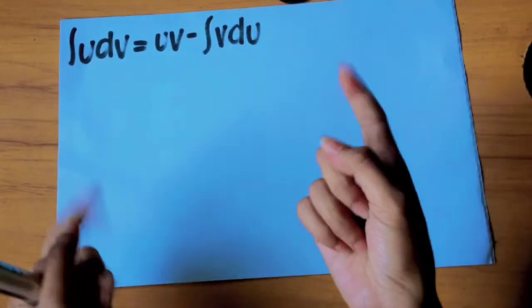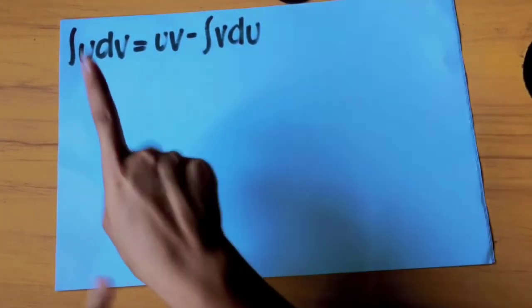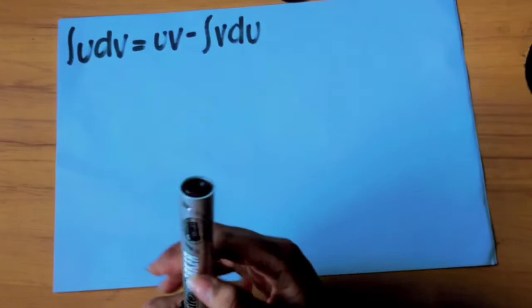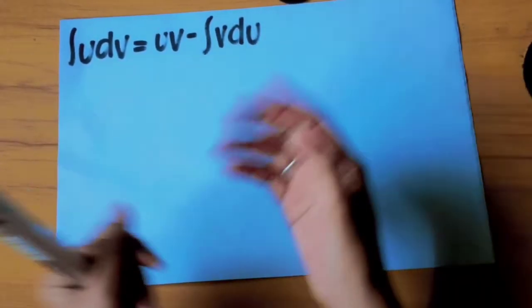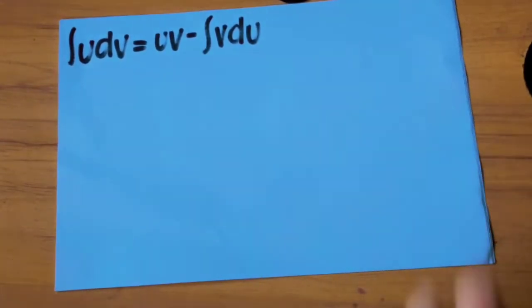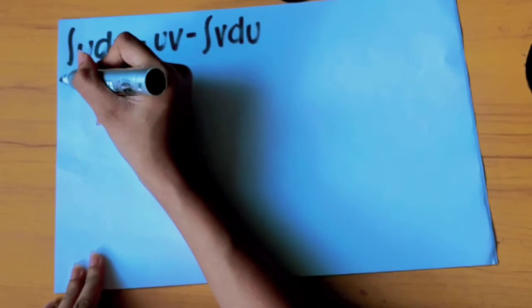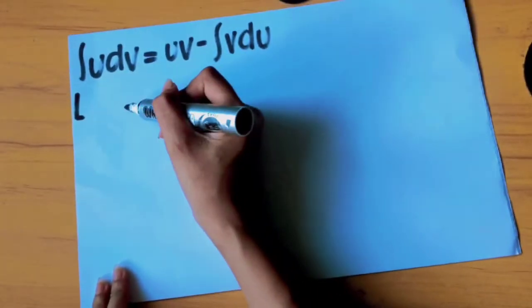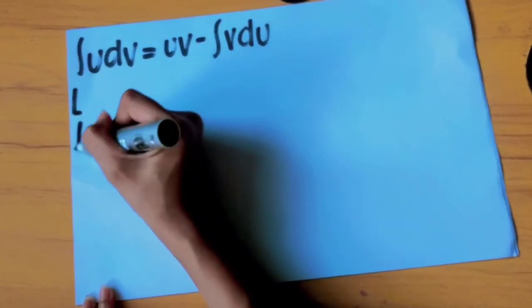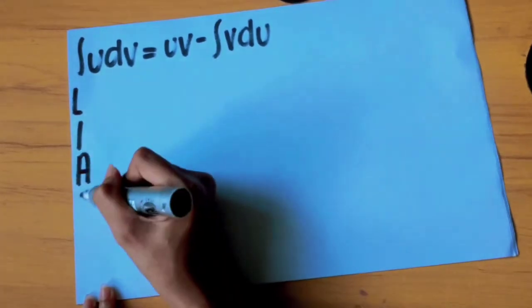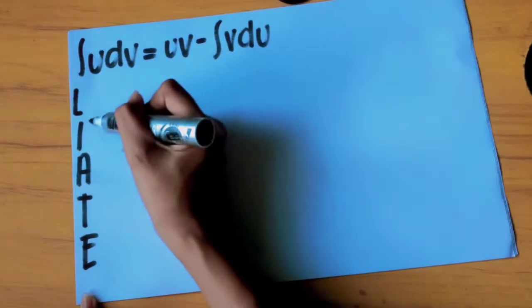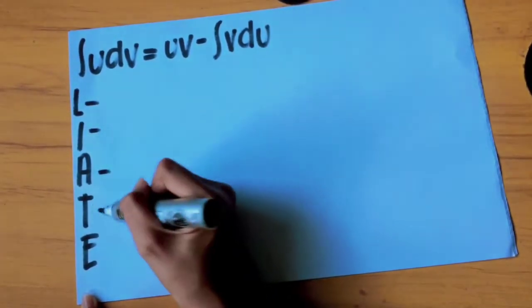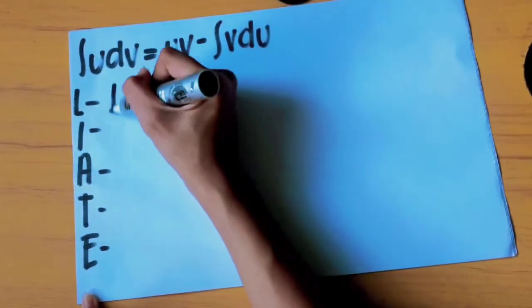So, paano natin malalaman kung ano ang u at dv? Dito na papasok yung acronym of LIATE. The priority of LIATE is always the first than the second. So, what is L? Logarithm.